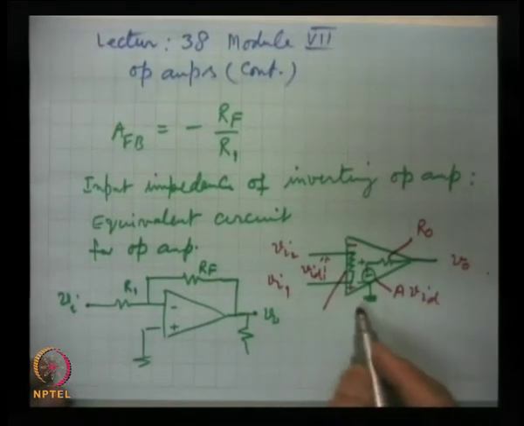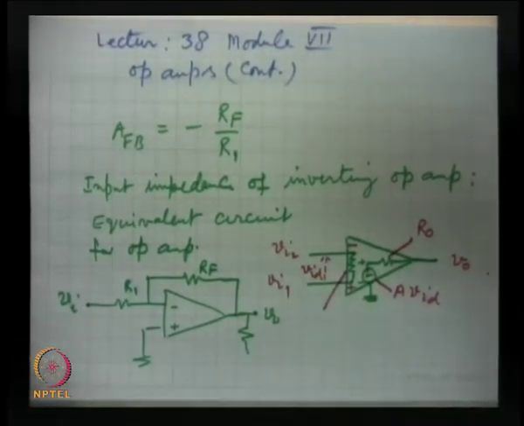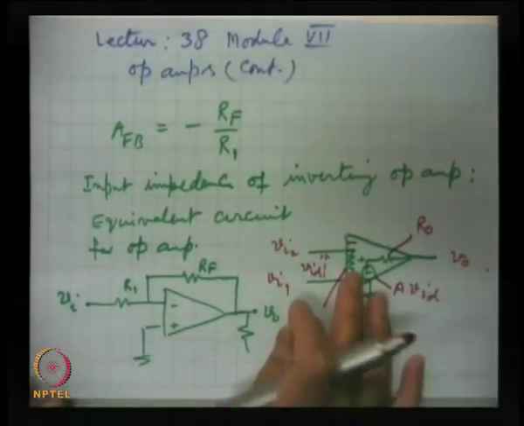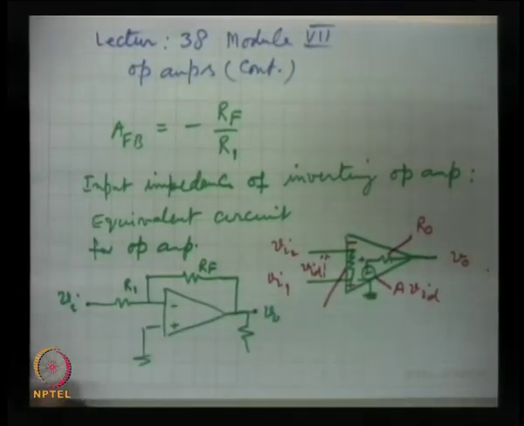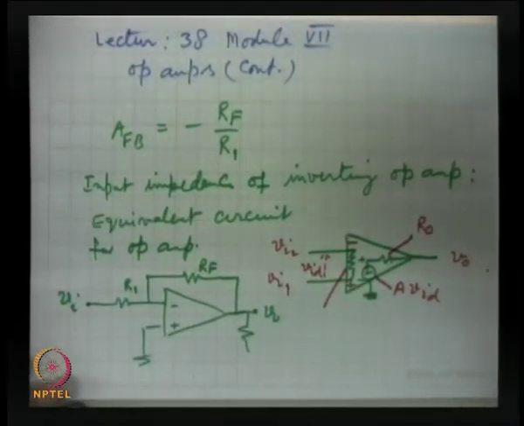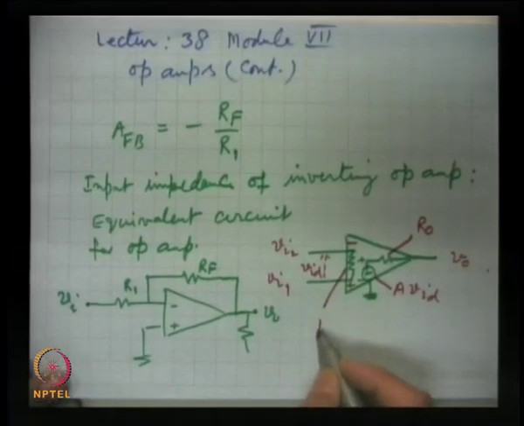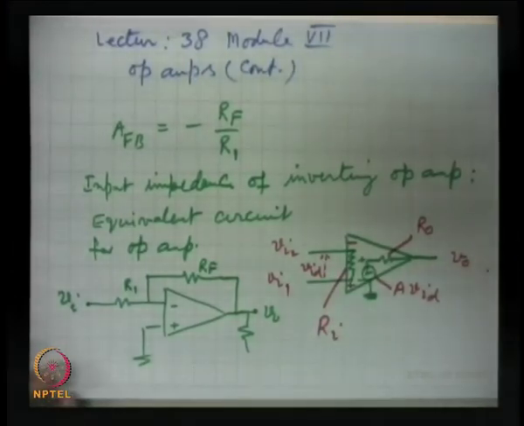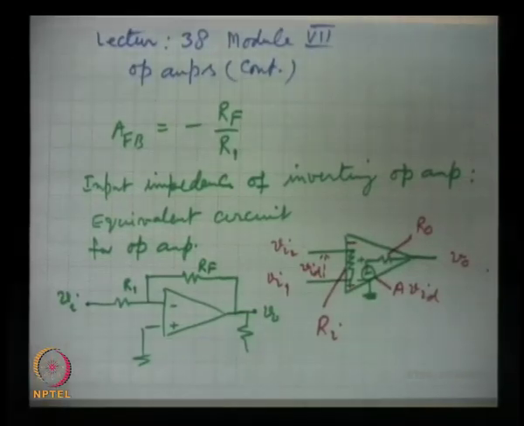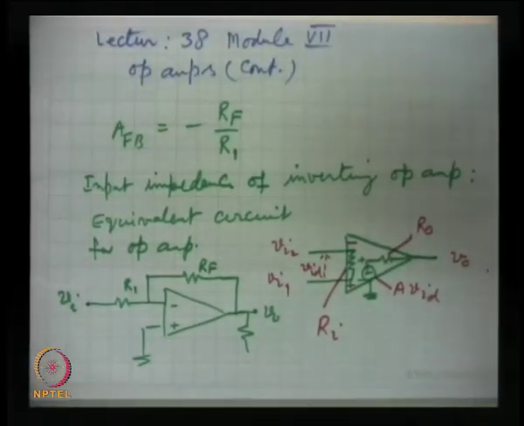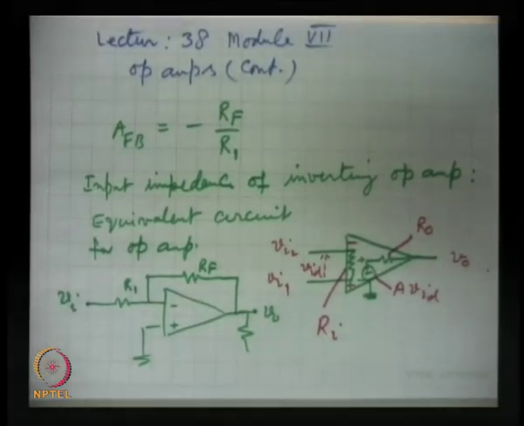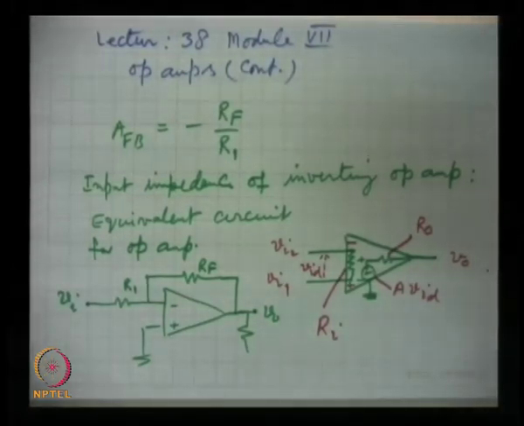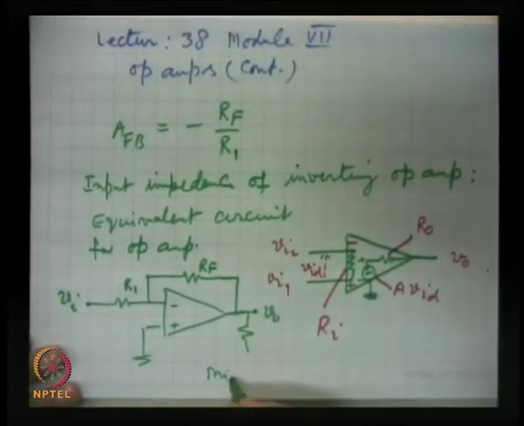We have been saying that the first stage of an op amp is a differential amplifier, and a differential amplifier has a very high input impedance. So, this is Ri, and it is more than 1 megohm in general. So, we can apply Miller's theorem, which we have used earlier.